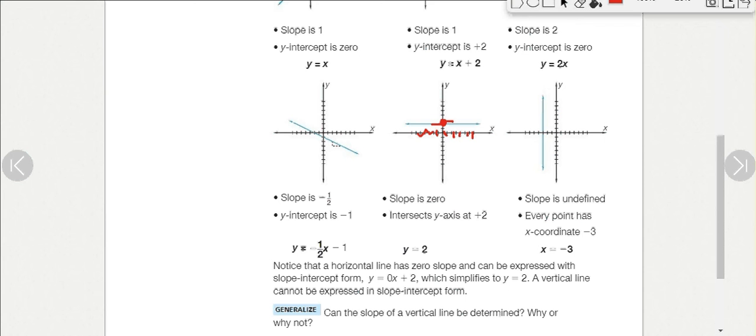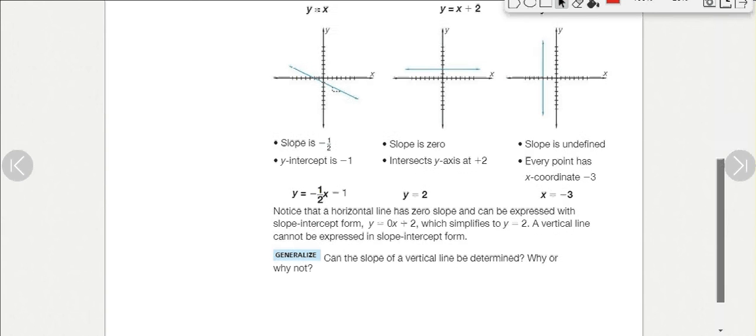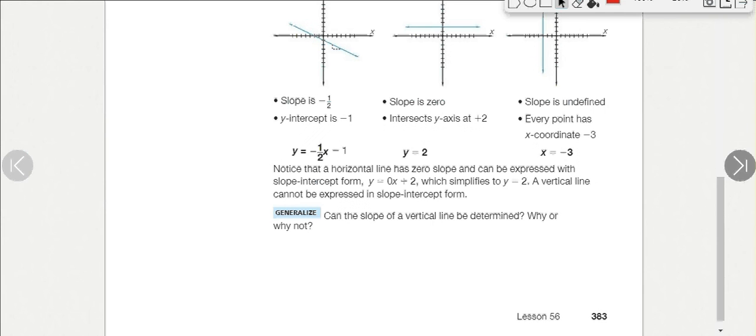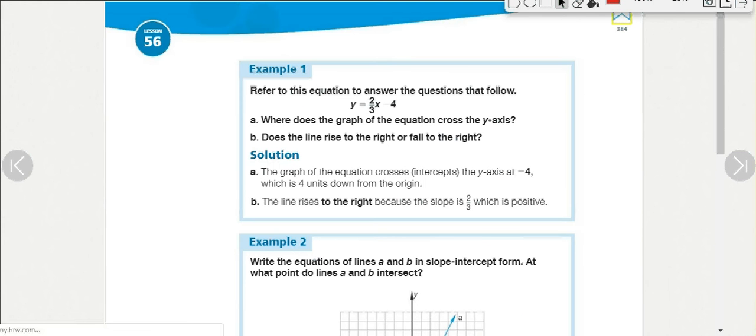And an x equals, where you don't have a slope, you don't have anything else. Basically, you know it's -3, and then you go up because it could be any of these y values. Kind of makes sense, right? Vertical line means you have an x. Horizontal line means you have only the y.